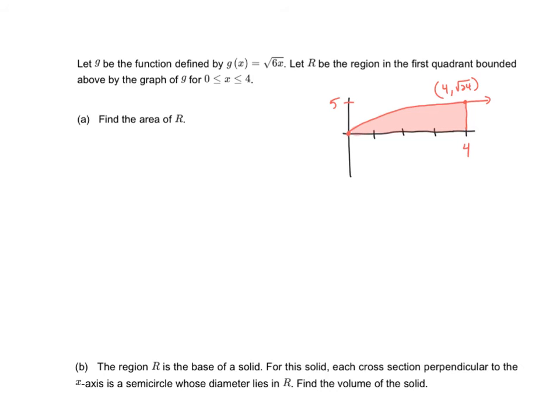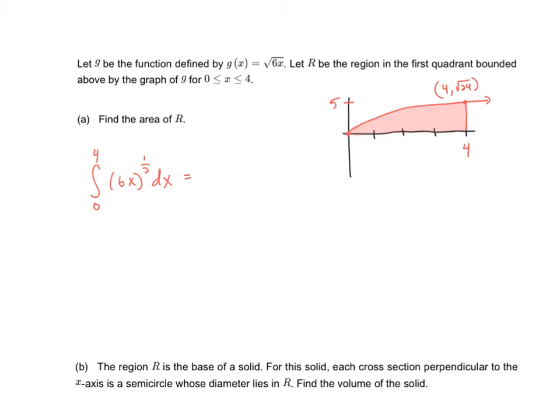All right, so we're going to do an integral from 0 to 4, and since it's just the area between a function and the x-axis, we can just integrate that function. So really it's going to be the integral of (6x)^(1/2) dx. I'm going to rewrite this a little differently.